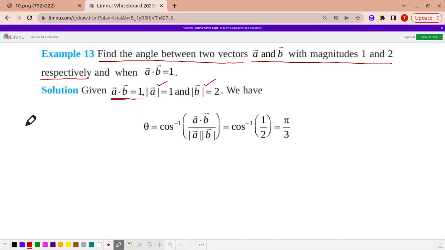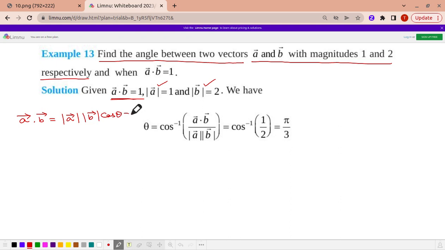We know that the dot product A dot B is equal to mod of A into mod of B into the cosine of the angle between these two vectors, that is cos theta.